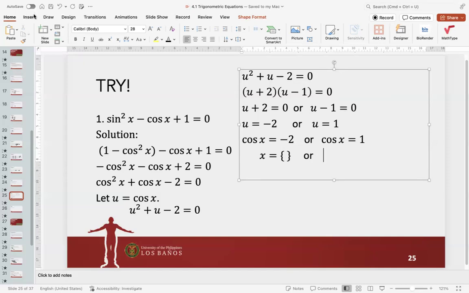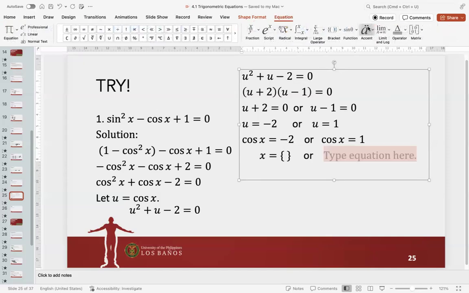And then for the second one, we know that cosine is equal to 1 if we are on the positive x-axis. So that means x must be equal to 0.